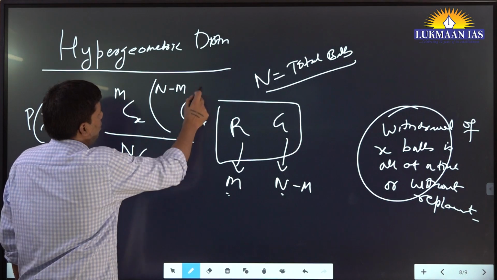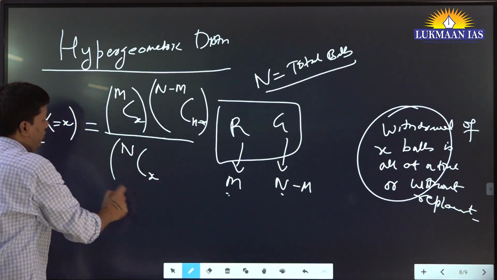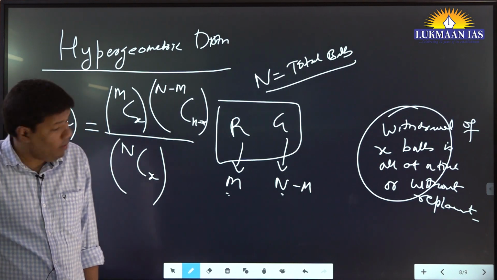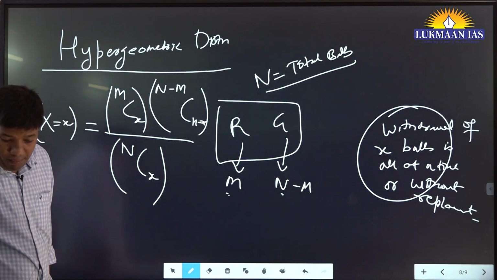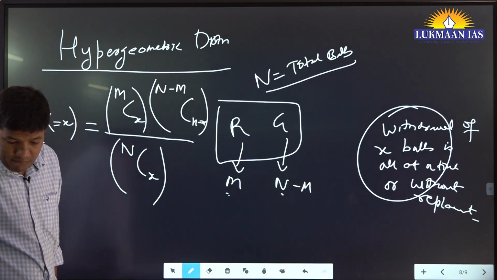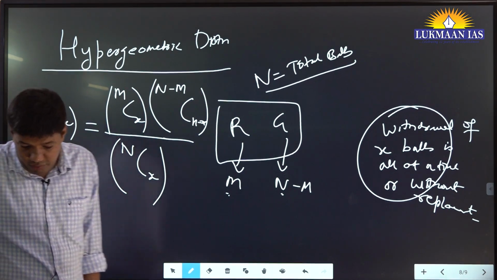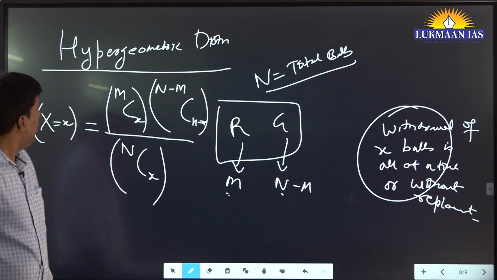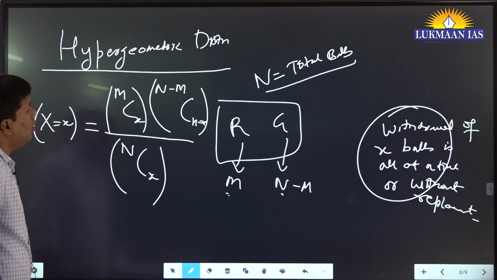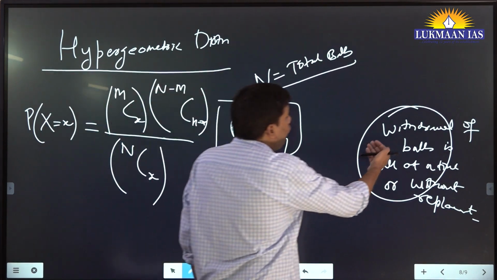Let me check the formula once again. I'm writing it after a long period. M C x, N minus M C k minus x. Just a minute. Okay, sorry. You withdrew k balls.